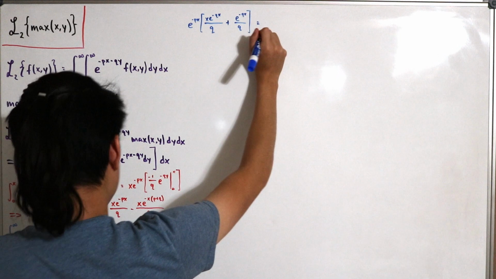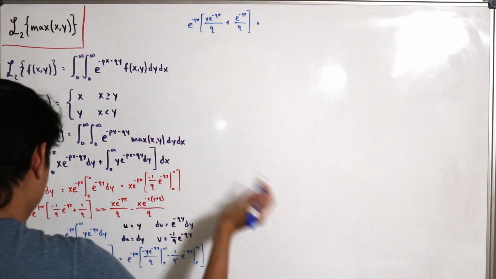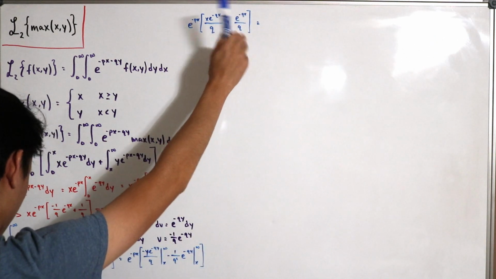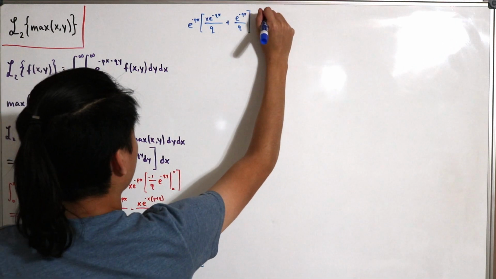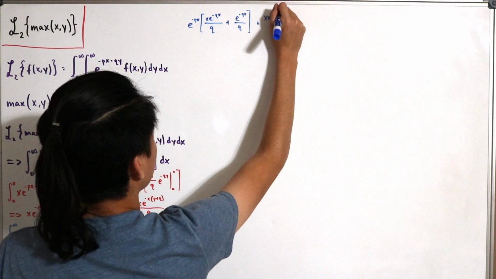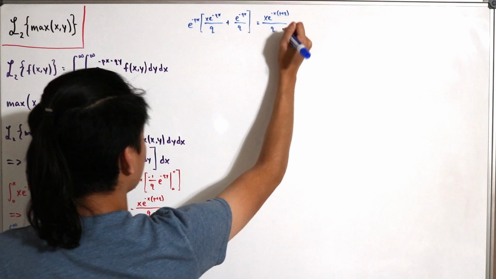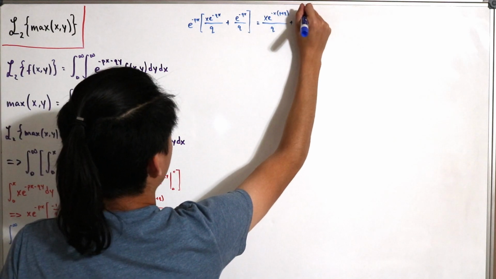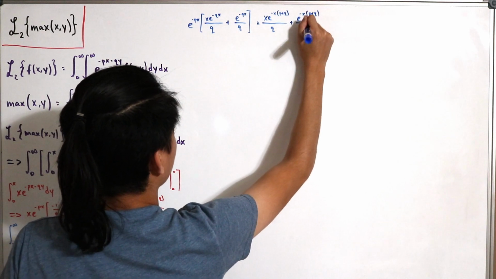Now, if I distribute this, since there's a negative px and qx, I can factor out a negative x, and the same can be said for the other term. So I have x times e to the negative x multiplied by p plus q, divided by q, and then we add e to the factor of negative x, p plus q, divided by q.